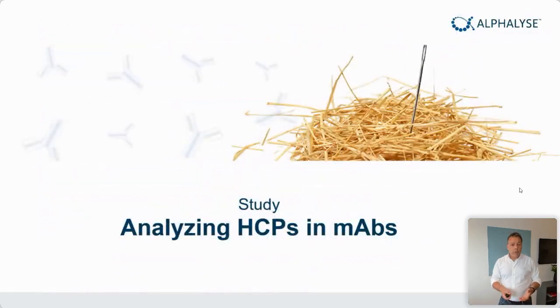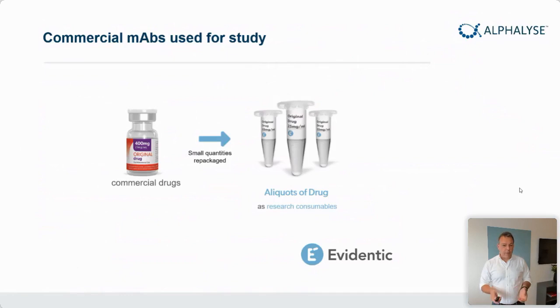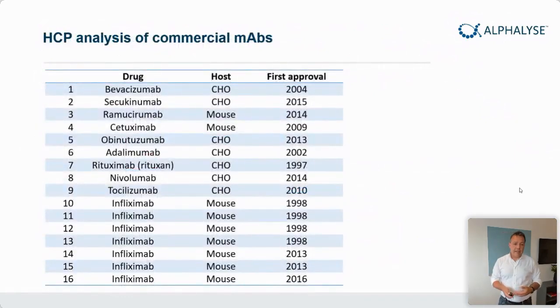We use this method to analyze host cell proteins in monoclonal antibodies that are already on the market. We had a collaboration with Evidentic, a German company, and they could provide us aliquots of the drugs that are on the market. We got 16 different monoclonal antibodies.